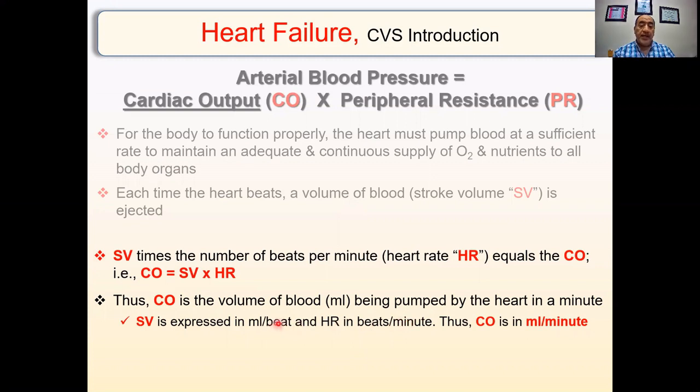If you take the numerator with the denominator here, they will cancel, so the final unit of the cardiac output is milliliters per minute. Again, the cardiac output is the volume of blood that's pumped by the heart per minute. Stroke volume is the same thing, but it's per beat. Cardiac output is per minute.